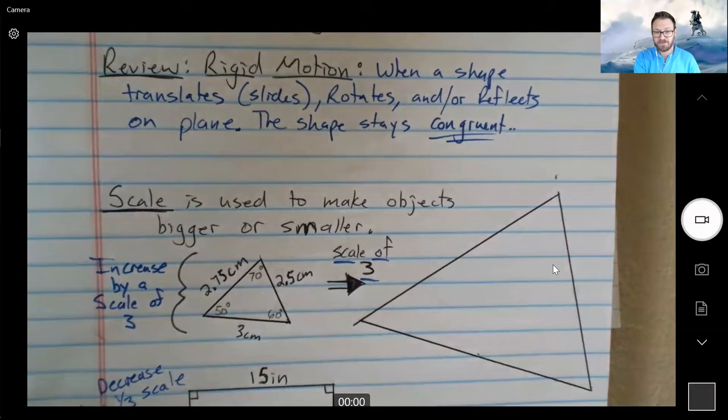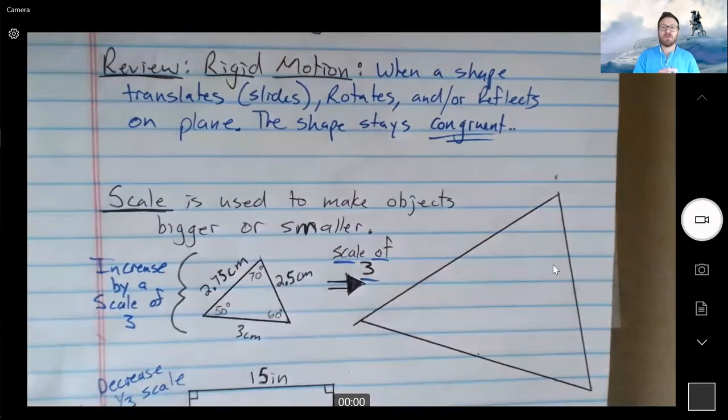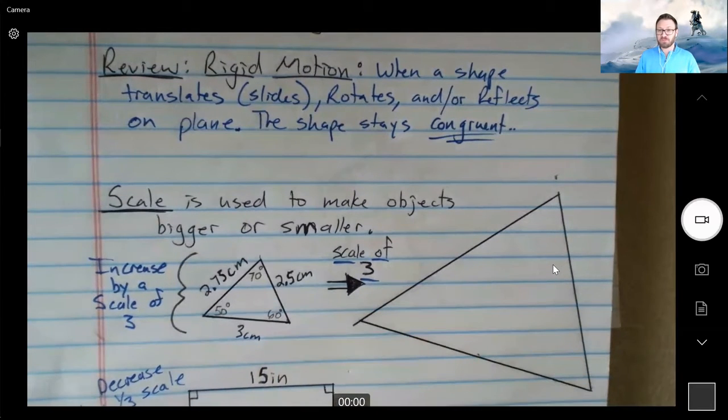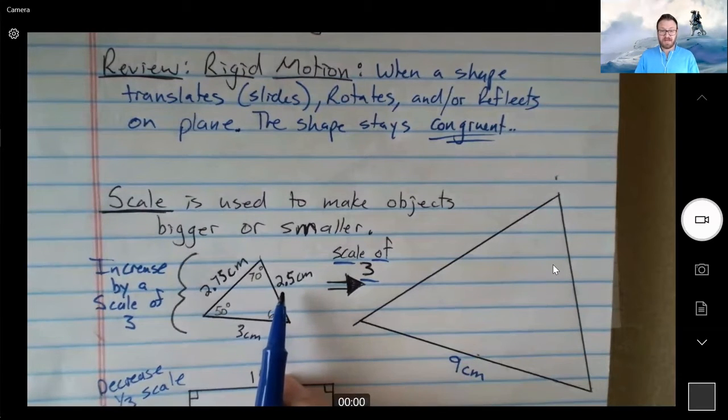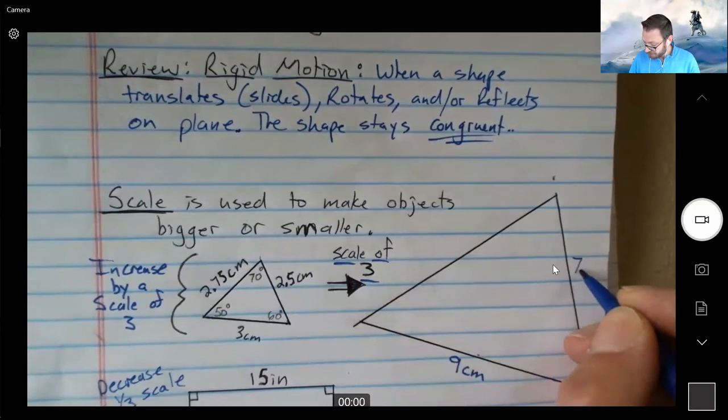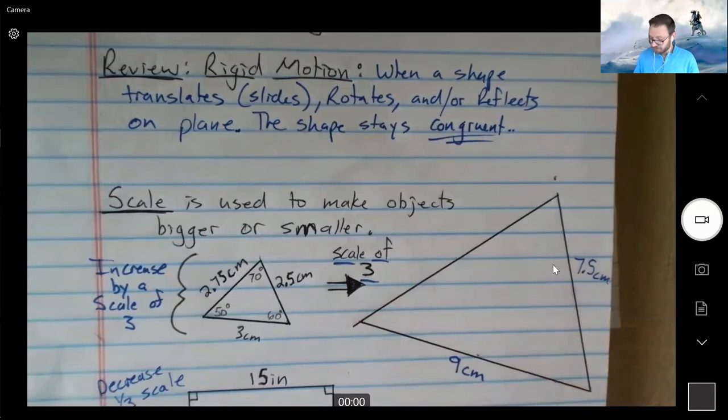Okay, so hopefully you gave that a think. And this is what you should have gotten. When we're increasing it by a scale of 3, that means every length is going to be multiplied by 3. All right, so this length here is going to be 3 times 3, which is 9 centimeters. Okay, 2.5 times 3. Well, 2.5 and 2.5 is 5. 5 plus another 2.5 is going to be 7.5. Right? And then 2.75 times 3.